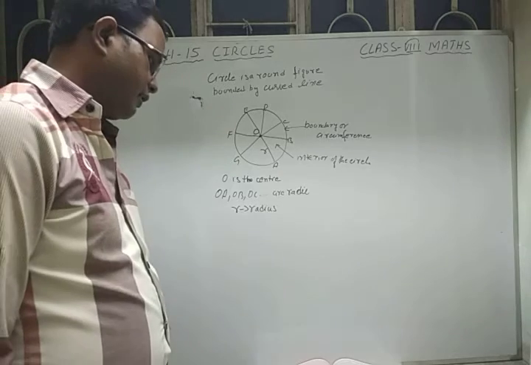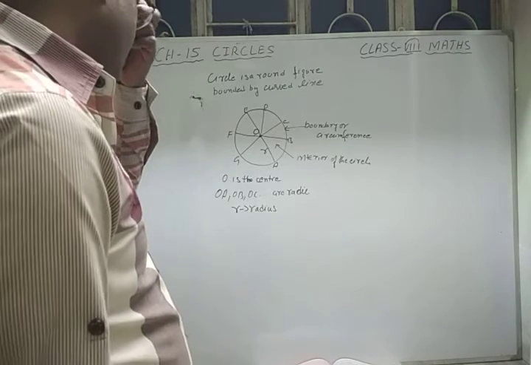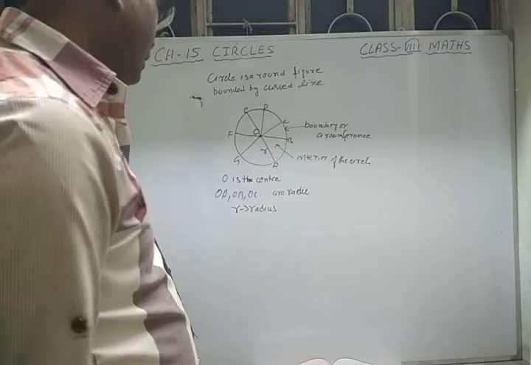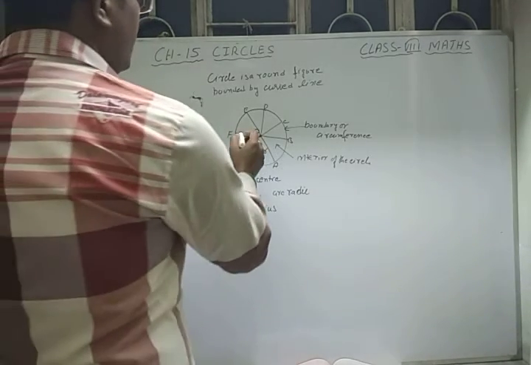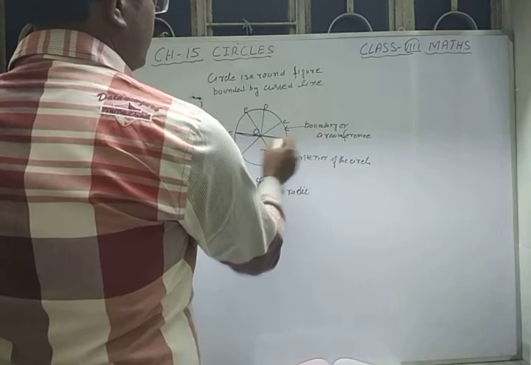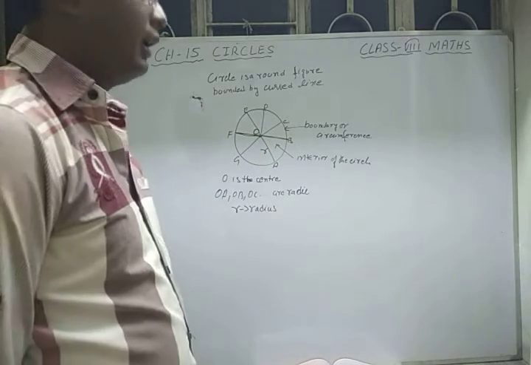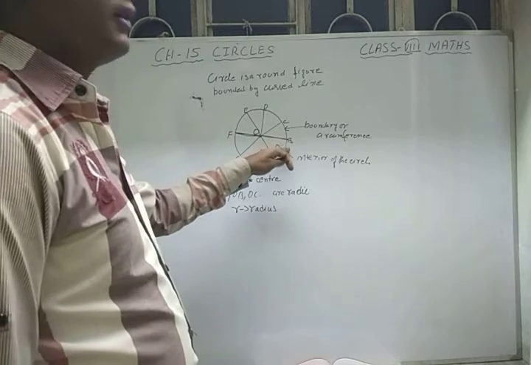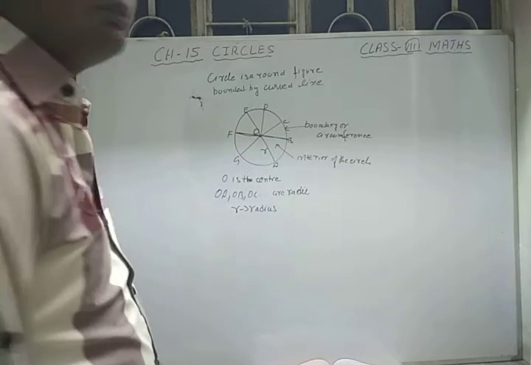Okay, interior and exterior. After that, the circular region, that is called circumference, I told you. Now, the straight line that passes through the center of the circle and touches any 2 points on the circumference of the circle, this is called diameter.